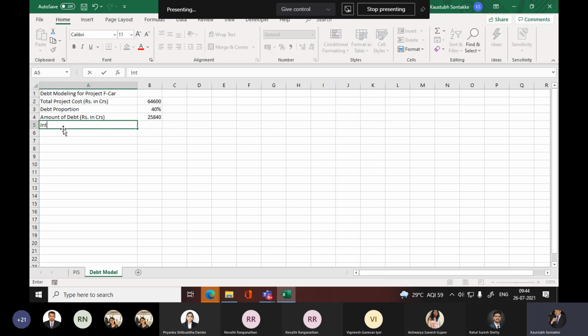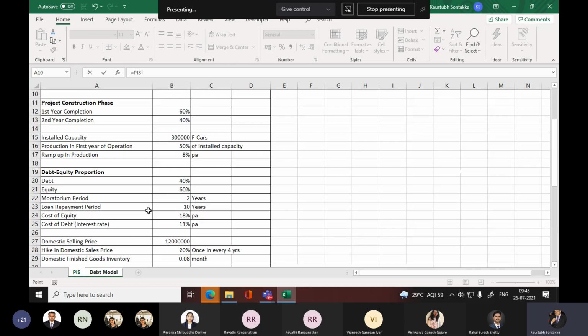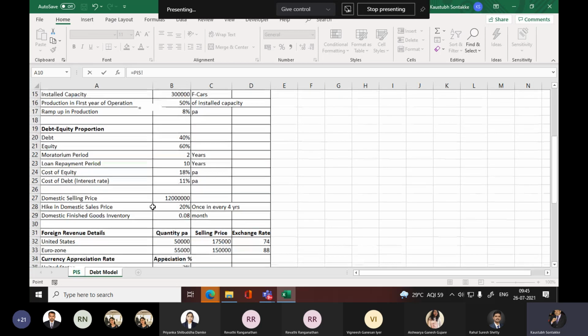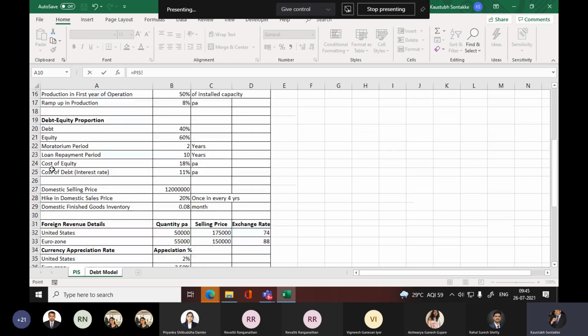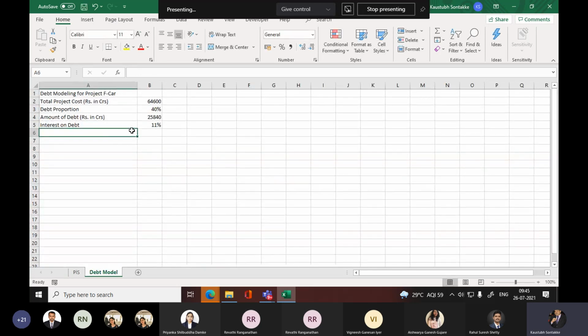Next you will write is interest on debt, say is equal to, bring it from the PIS, cost of debt interest rate 11%. Just bring this 11%.